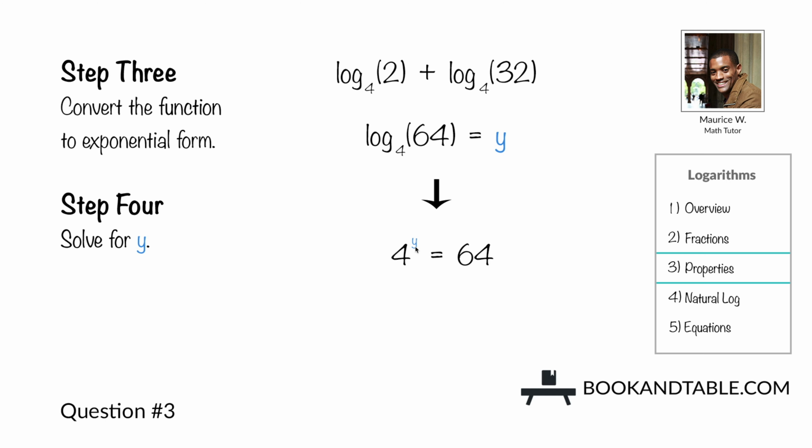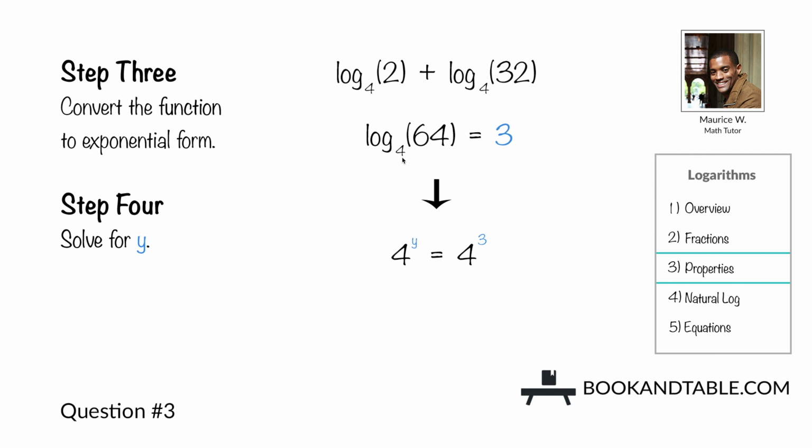And 4 raised to a power of y is equal to 64 can be changed to 4 to a power of y is equal to 4 to a power of 3. By them having the same base, we see that their exponents are equal to each other. So y is equal to 3.